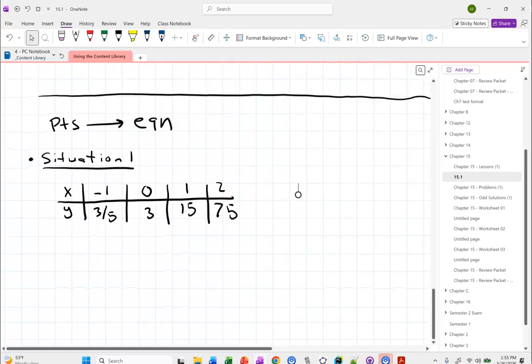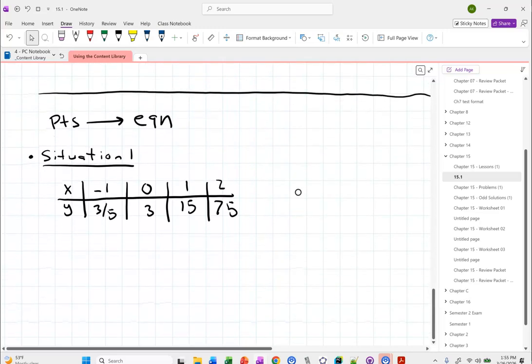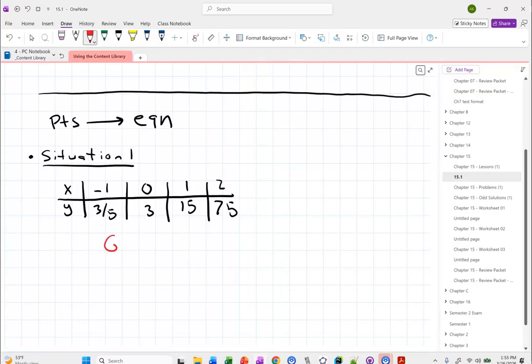Situation one is we're given a table of points. And our goal is we want to be able to write a y equals a times b to the x equation. So we need to figure out a value for a and a value for b. Is everybody okay? Once we found the value for a and b, we're done.